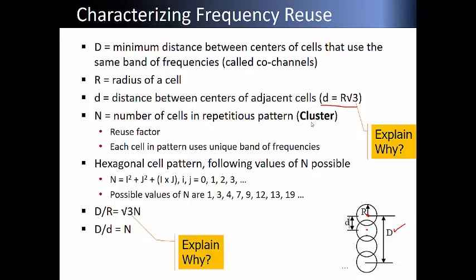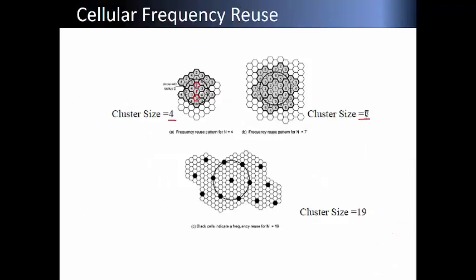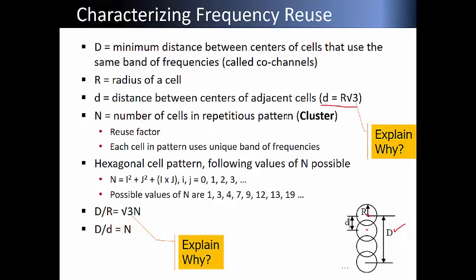There is nothing but this: how many frequencies will be repeatedly used, but should not be assigned to any 2 adjacent clusters. So how many reuse factors? That is the capital N here.